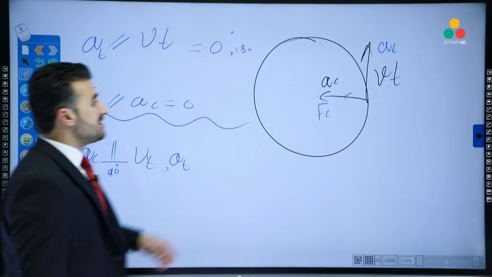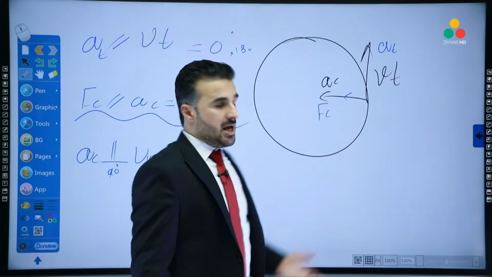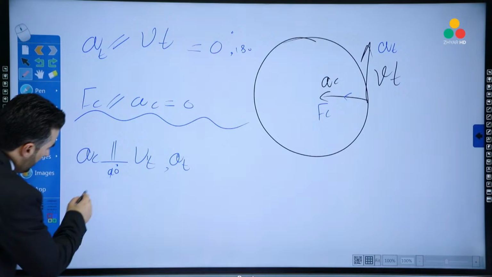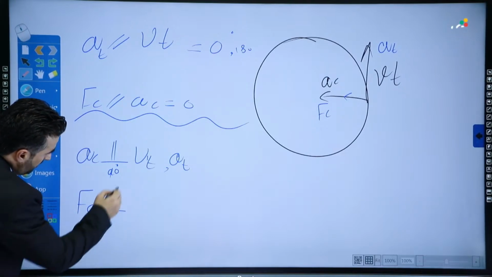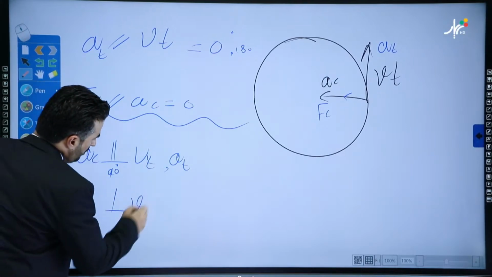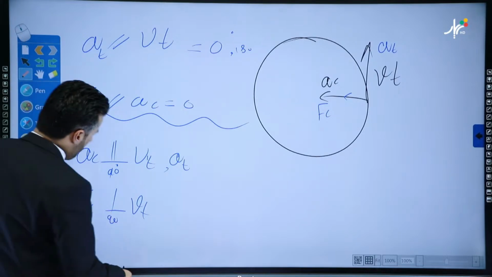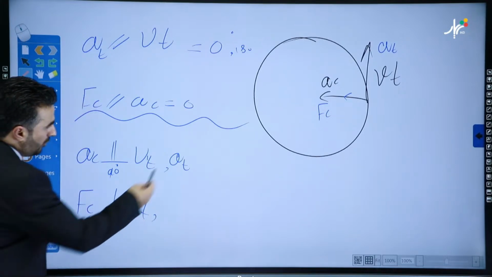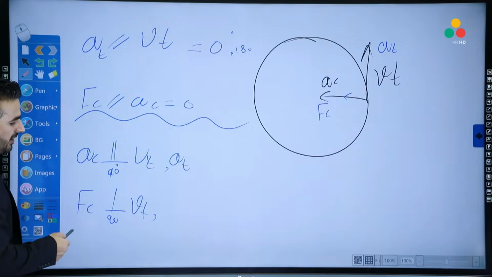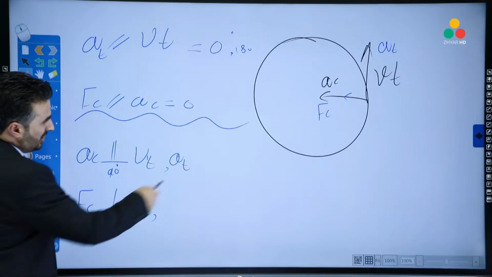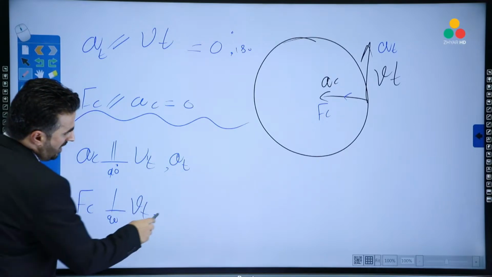All right, what about centripetal force with these two? And of course that is the same thing, yeah? We can say the angle between the centripetal force and the tangential speed is going to be 90 degrees, yeah? The symbol means perpendicular, yeah? Very good. And how about the angle between centripetal force and the tangential acceleration?